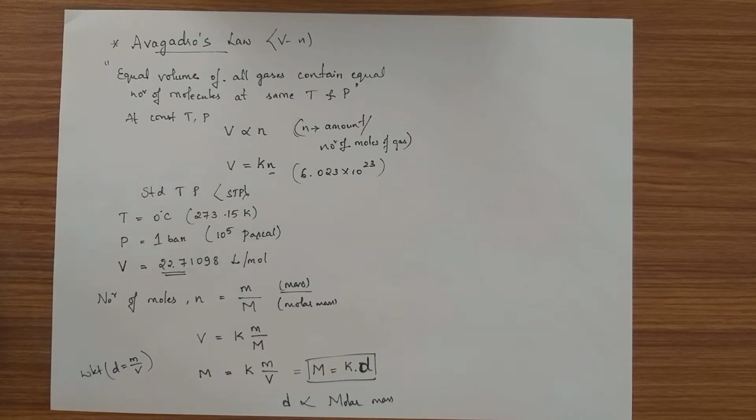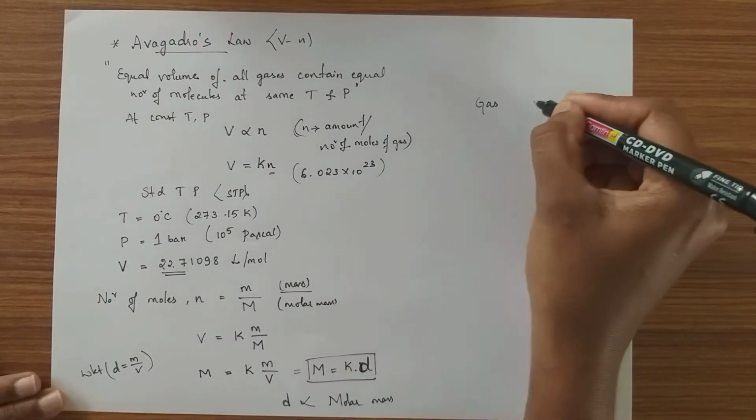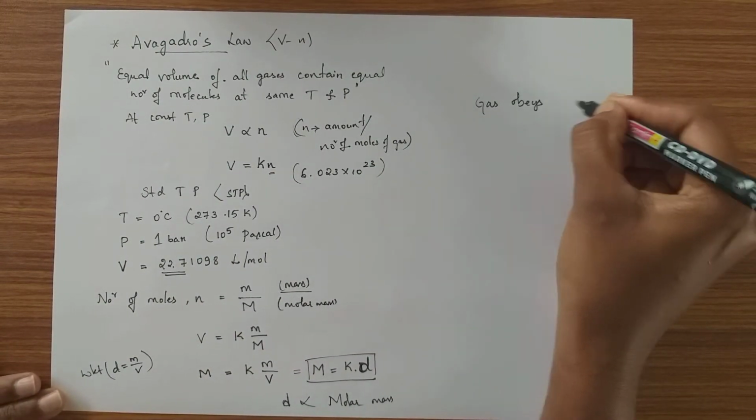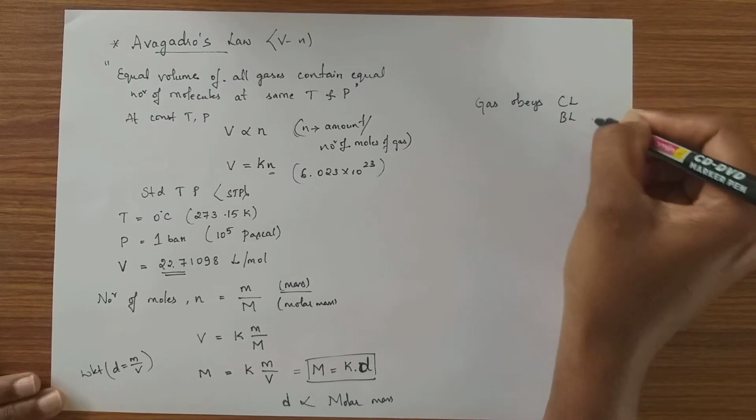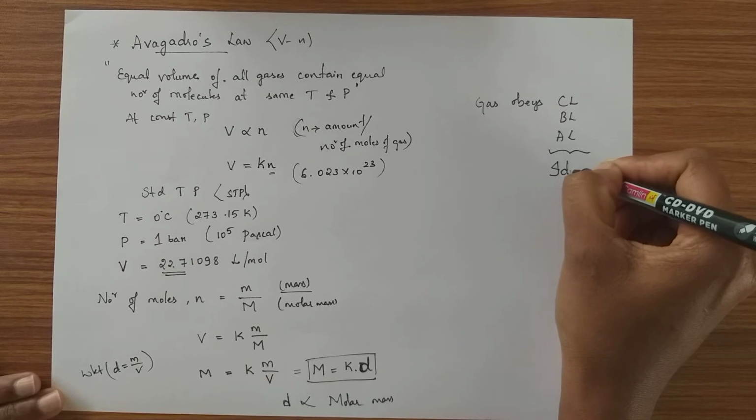If a gas obeys Charles' law, Boyle's law, Avogadro's law, that we call an ideal gas. Clear? Any gas which obeys all the laws, we call it an ideal gas.